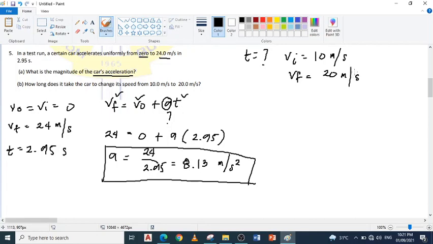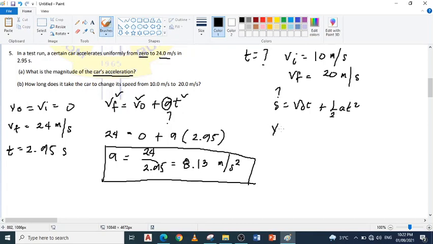Is the time given? If we use s equals Vot plus 1/2 at squared, it is not given.